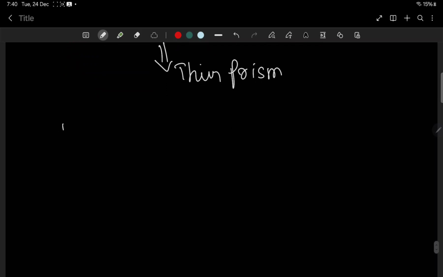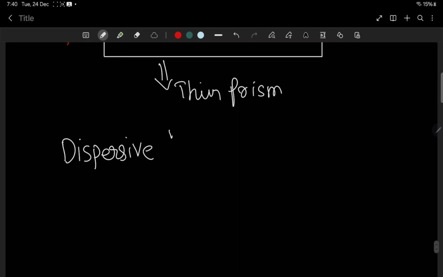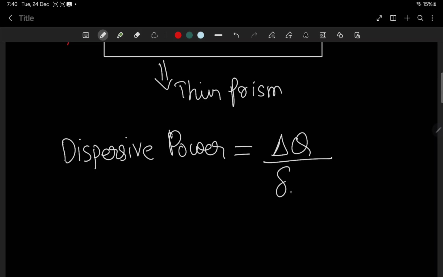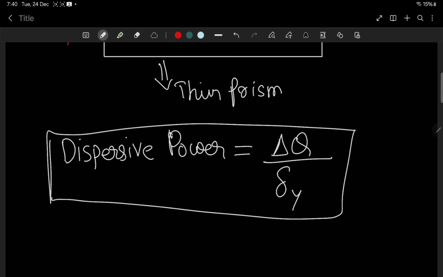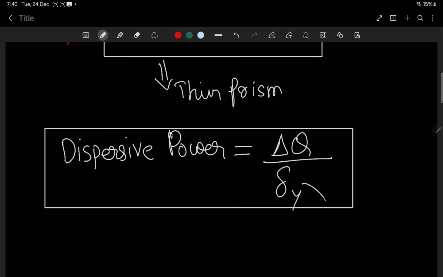Now the next thing is dispersive power. Dispersive power means angular dispersion divided by deviation of yellow color. Why is deviation of yellow color used here? Because yellow is the mean color.